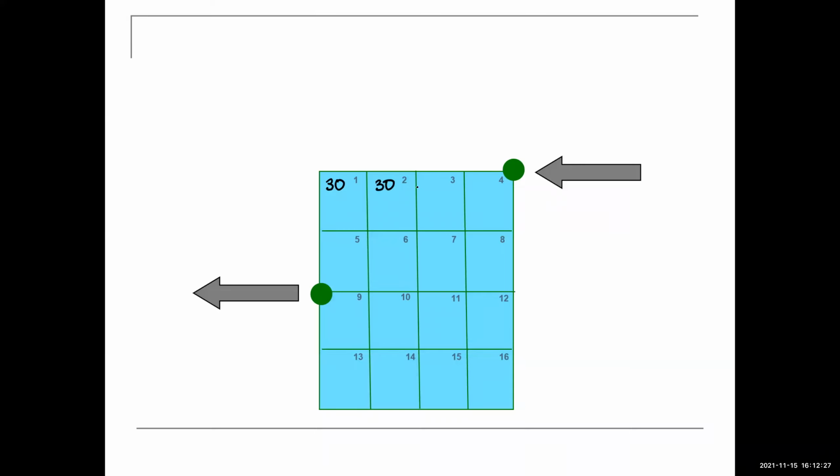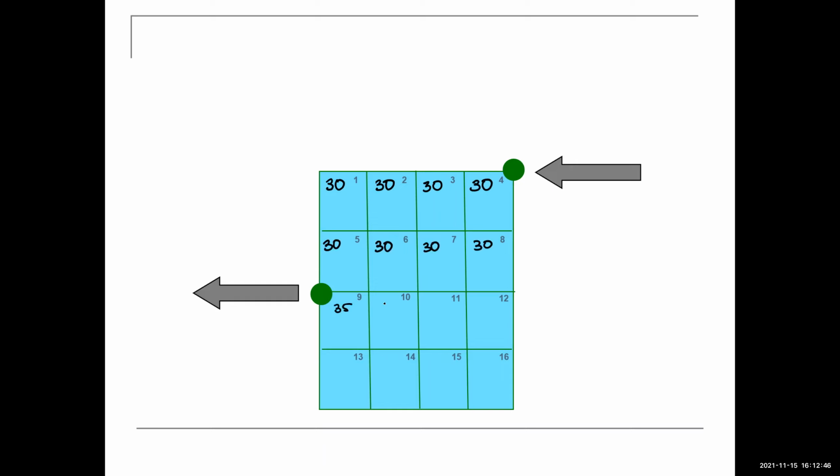So this is 30, this is 30, 30, 30, 30, 30. So these are all 30s.